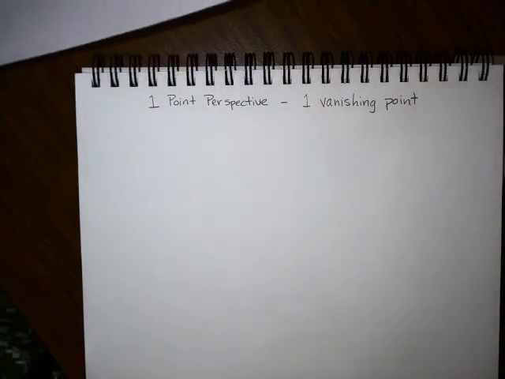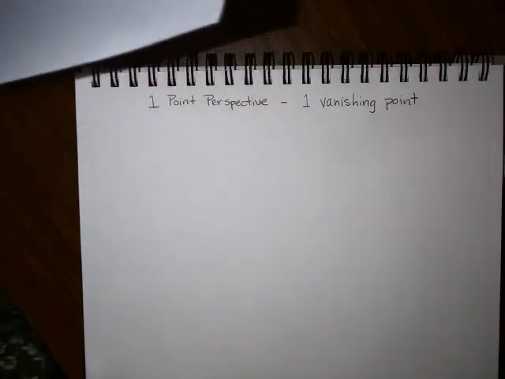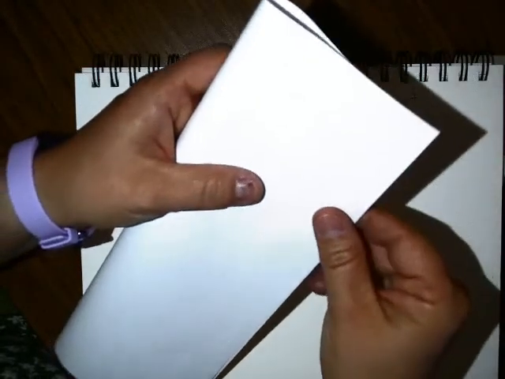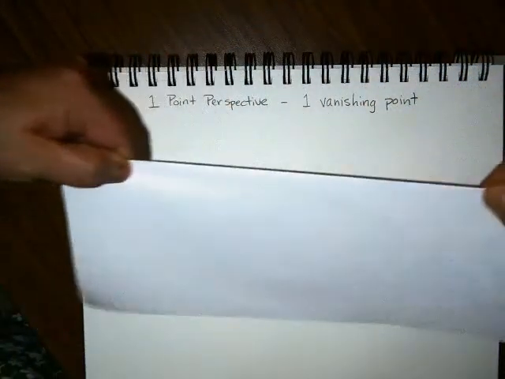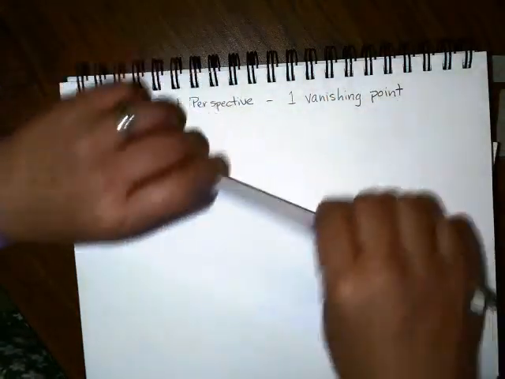Now we're going to be using a ruler, but we're not using this ruler to measure with. Alright? We are simply using this ruler to get a straight line. So if you don't have a ruler, you can take any piece of paper and just fold it a couple of times.